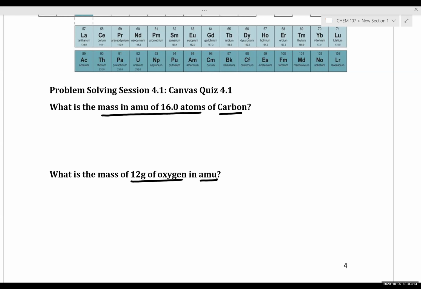If there are any questions, don't be shy to share your questions or proposed responses in the chat or verbally. And really write out, what units are you starting from? What units are you trying to reach? This is just like our unit conversions chapter, except this time we're getting our unit conversion factors from the periodic table. Let's keep working on this example and we'll discuss in about 2 minutes.